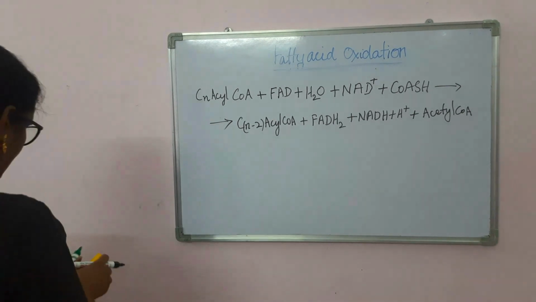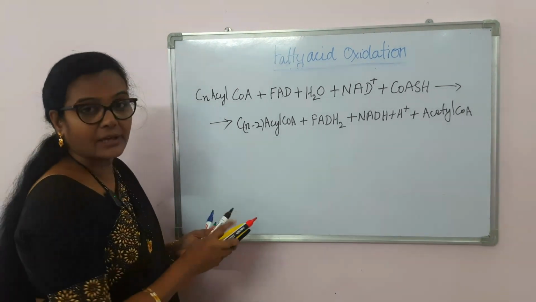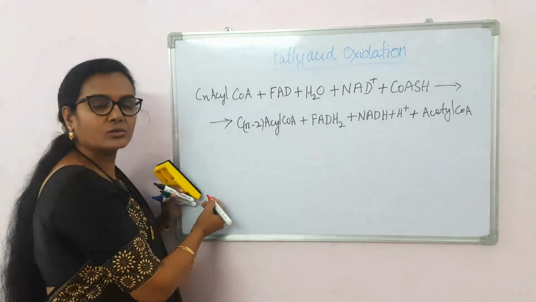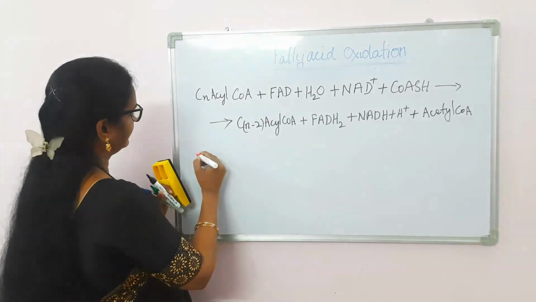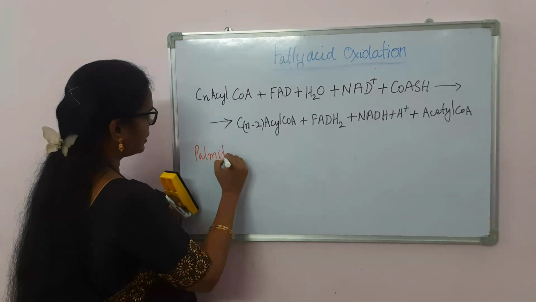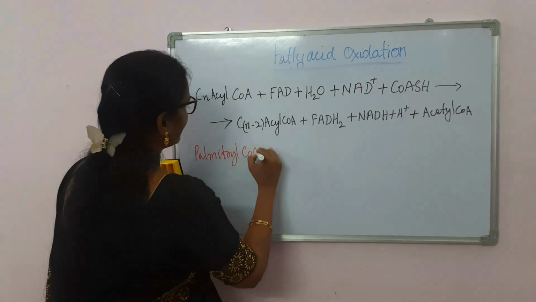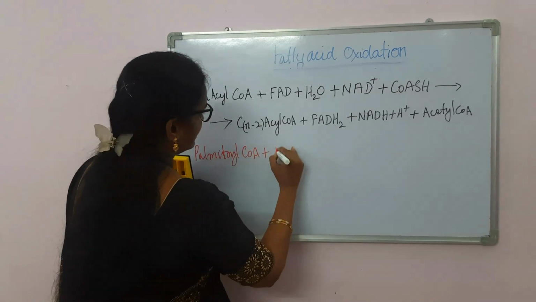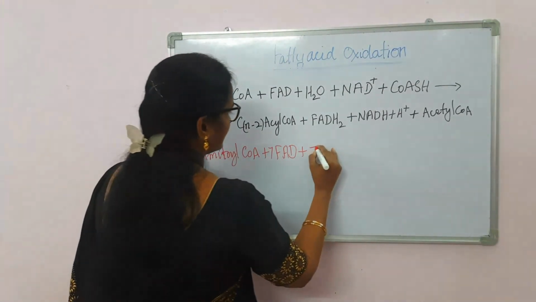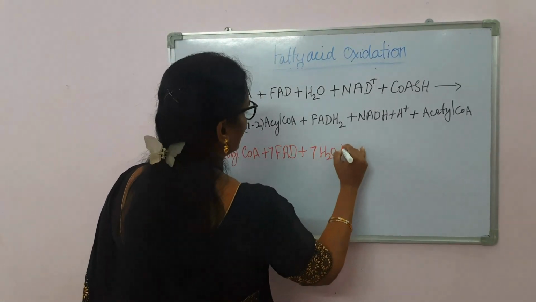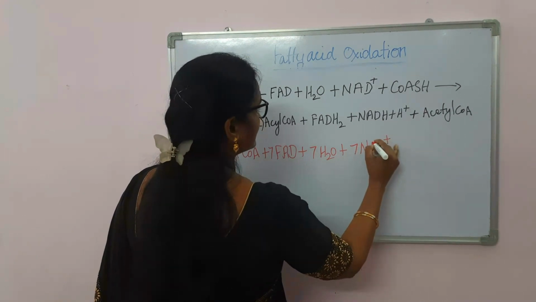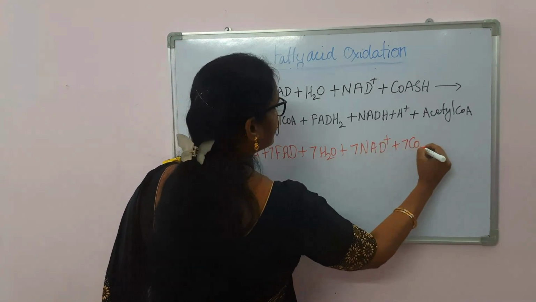Then I will write it for palmitic acid, which is a 16 carbon fatty acid that undergoes 7 complete cycles. That is, I am writing palmityl-CoA, FAD, and 7 water molecules and 7 NAD plus participate.